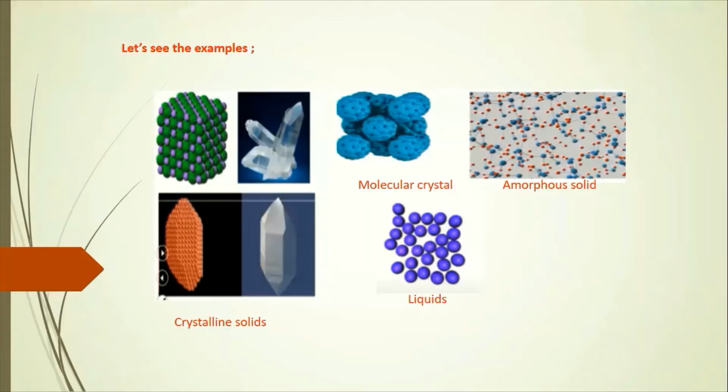For example, this is a salt crystal, and these are quartz crystals, and these are real pictures of them. Here we can also see the crystal structure manifests even on a macroscopic scale.